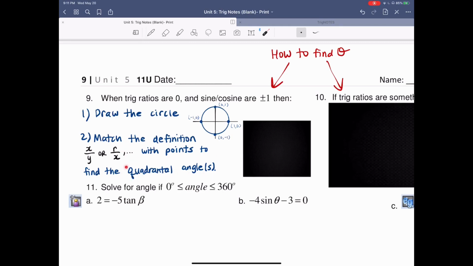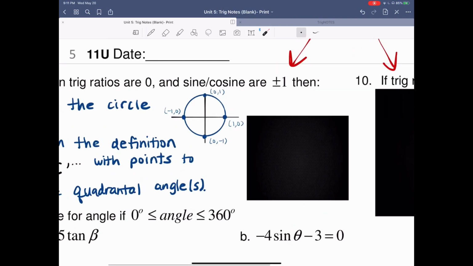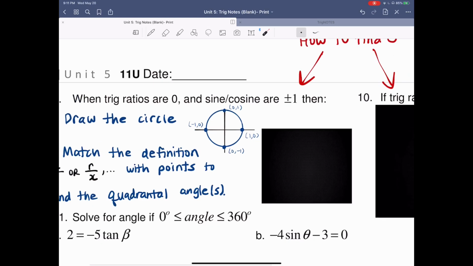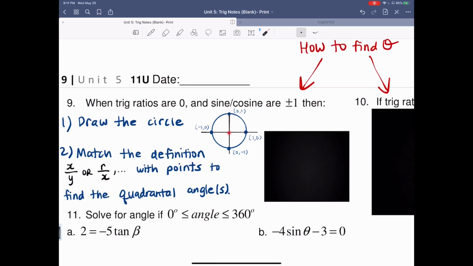And what this meant was that it's the angles that lie on the x or y axis. Think about this for a second. For sine and cosine, recall that sine is representative of our y and cosine is representative of our x, given that we're working with a unit circle and the radius is equal to 1.